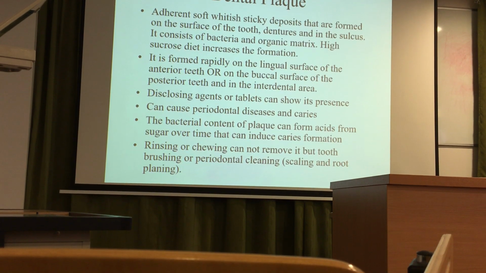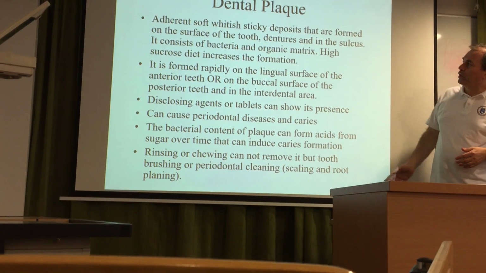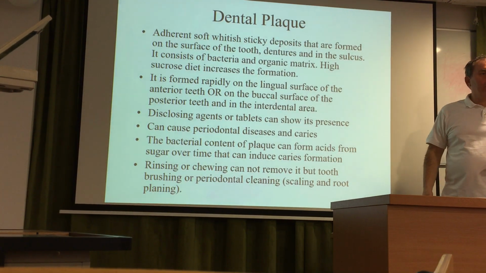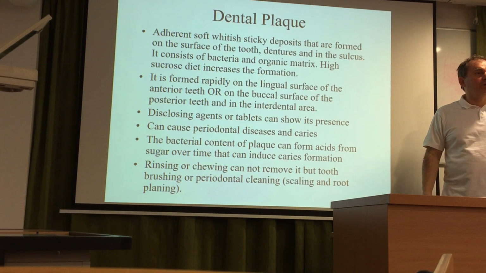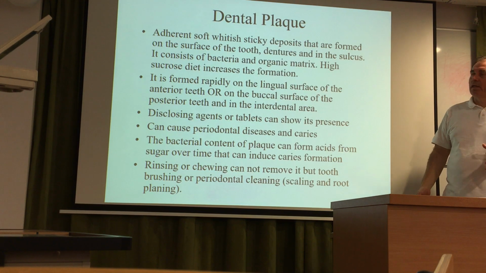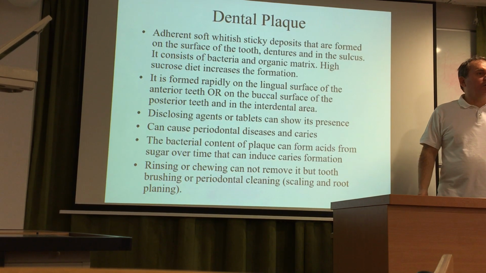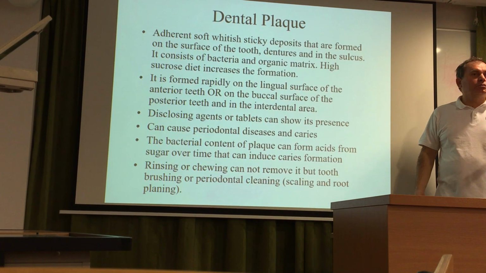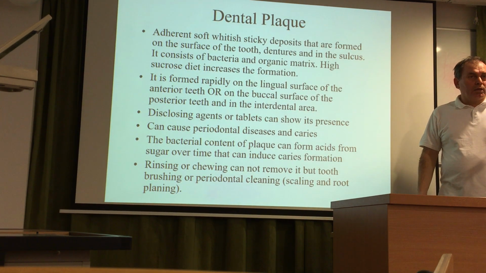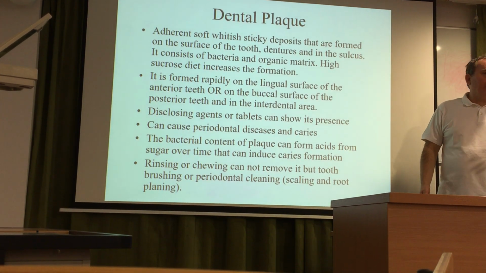And we continue with the dental plaque. This dental plaque is produced continuously on the surface of our teeth. We have different dental plaques, and usually dental plaques are pathologic because they may cause caries or periodontitis.